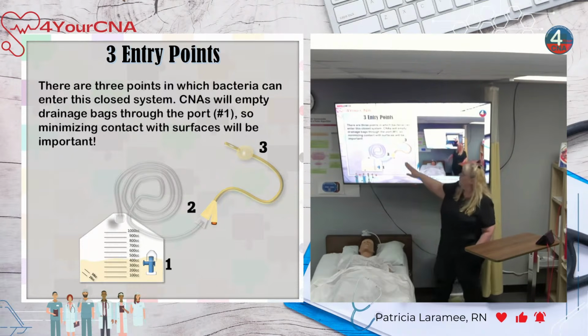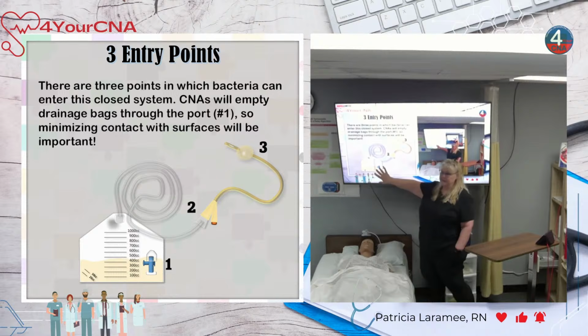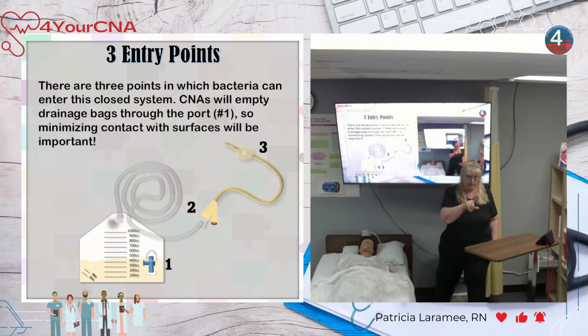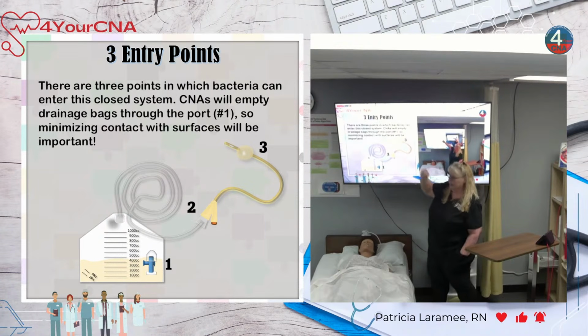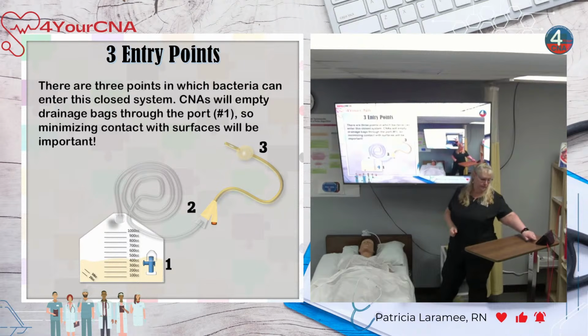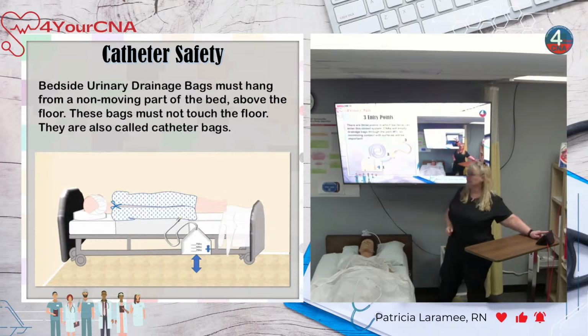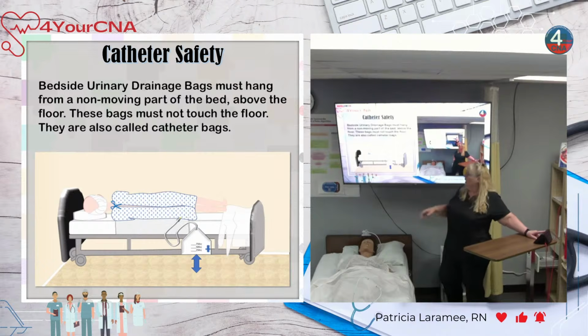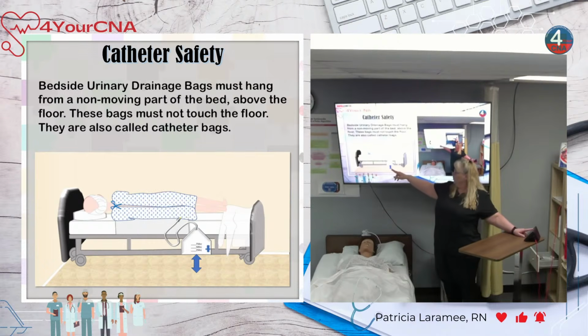So when we look at risk, CNAs empty the bag. CNAs can be trained to change the bag, but higher risk. CNAs do not insert catheters, highest risk. Good? Make sense? All right, bags need to be above the floor.